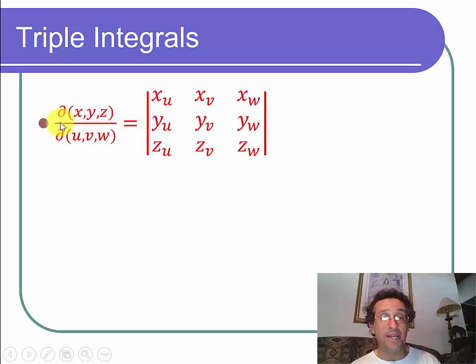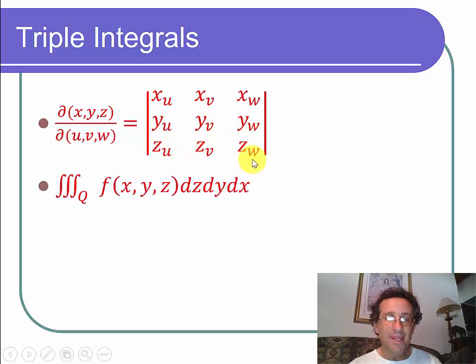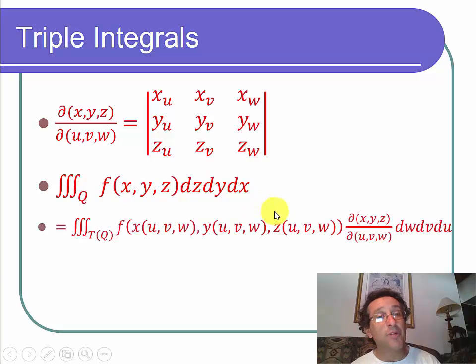We can say the Jacobian for a transformation, when we have a 3-variable transformation, is the determinant of the matrix of all the partial derivatives: x_u, x_v, x_w, y_u, y_v, y_w, z_u, z_v, z_w. And the triple integral over a solid of f of x, y, z, dz, dy, dx is equal to the triple integral over the transformed solid of f of x(u,v,w), y(u,v,w), z(u,v,w).